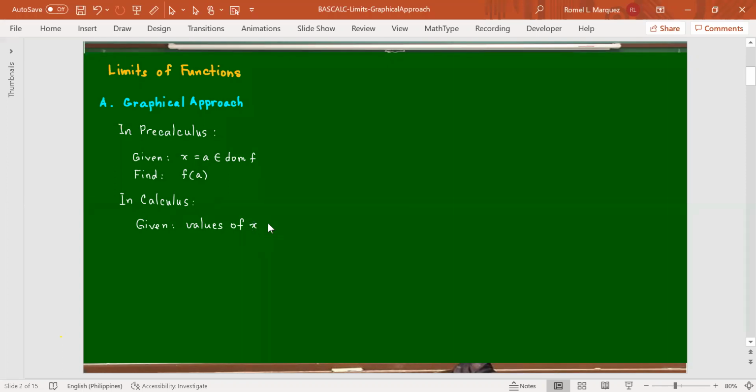And these values of x are in the domain of f, where f is the function. And this is what we are interested in: values of x approaching, let's say, a, okay?